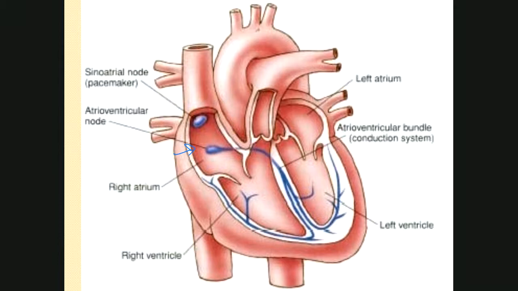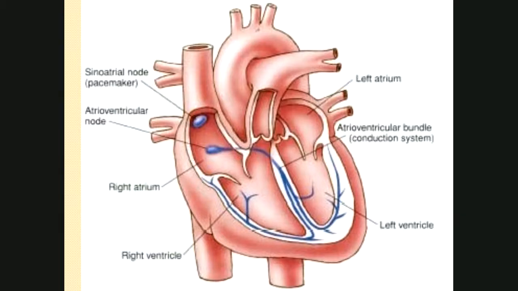And so we need some sort of timing mechanism, and we need some sort of delivery mechanism to get the action potential where it needs to go as fast as it can go. And so what we have is sort of a superhighway system in the heart. This picture is blue, but it's like a superhighway.